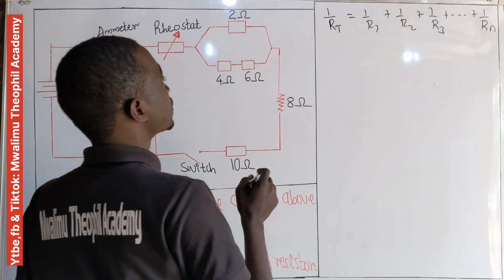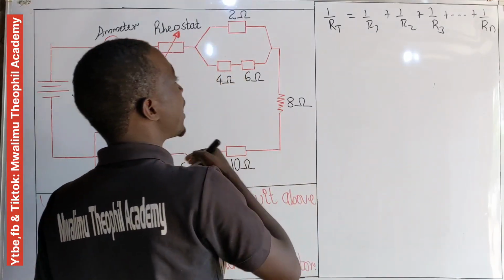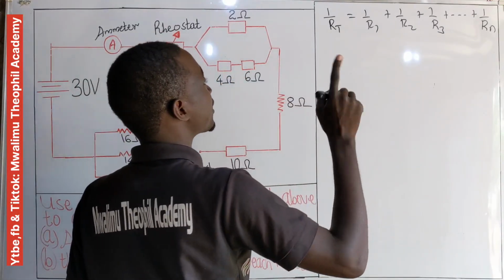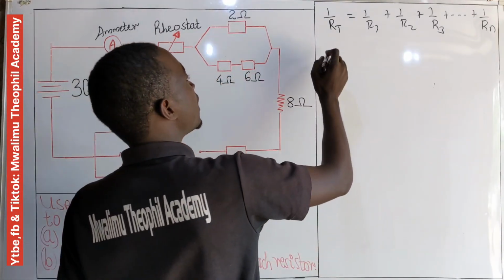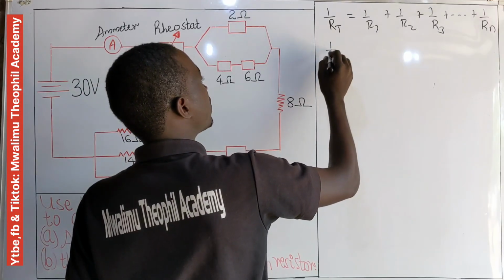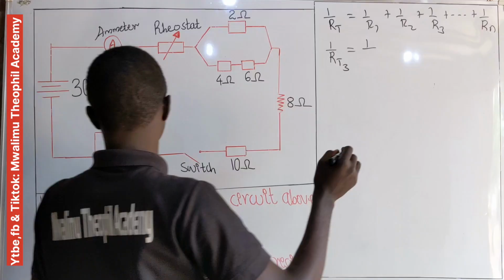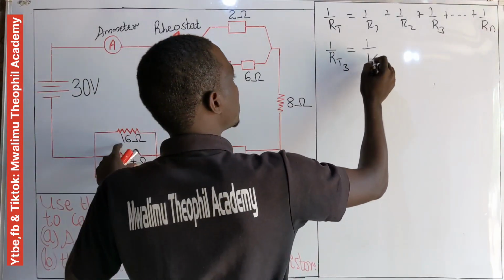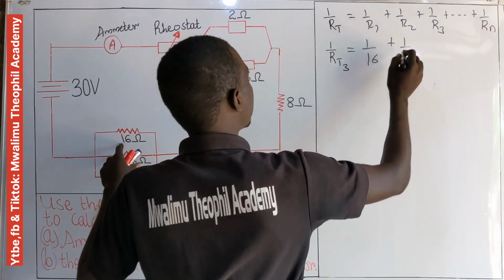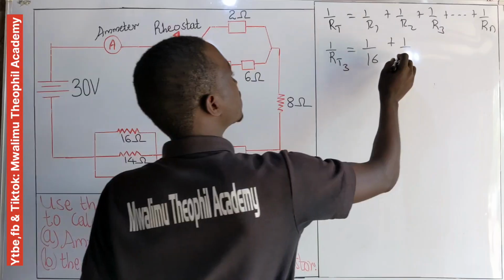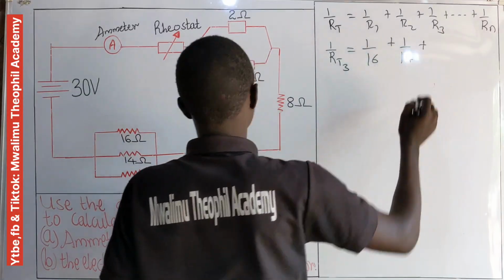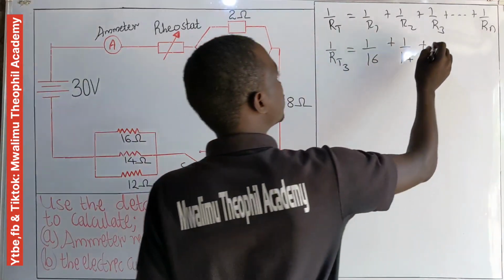Let's call this total resistance R total 3, as it is the third time we calculate total resistances. Now 1 over R total 3 is equal to 1 over 16 plus 1 over 14 plus 1 over 12.